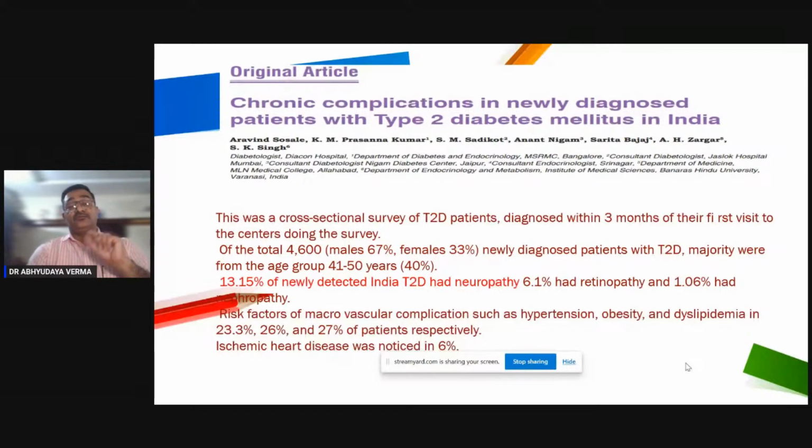And mind it, 6% of these patients were already suffering from ischemic heart disease. That's why we now talk about taking care of the kidney and heart from the beginning, or what we nowadays call CKM control, the cardiac, kidney, and metabolic control from the beginning, at the diagnosis of diabetes only.